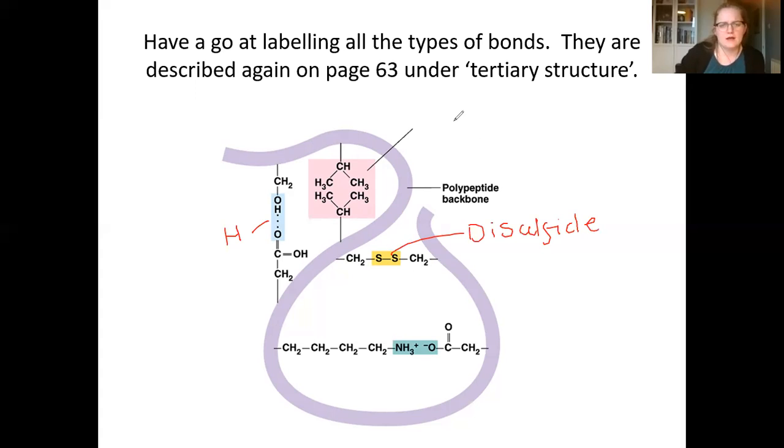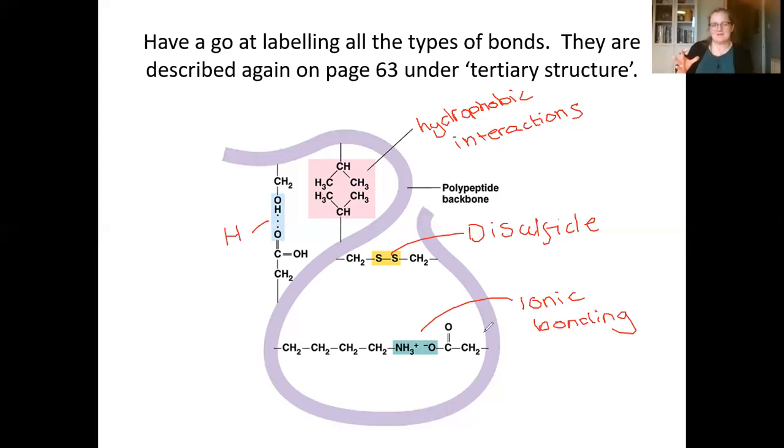We have an example here of our hydrophobic interactions, and then down here we have an example of our ionic bonding. So as you can see, they all make really different shapes and really complex structures. And then that leads us on to the quaternary structure.